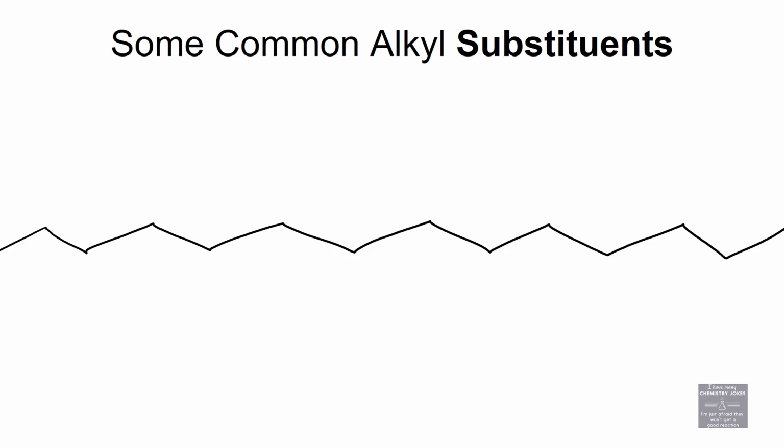If I draw a really long carbon chain, let's add a few groups to it. If I have 3 carbons all in a line, that's called a propyl group. It's sometimes called an N-propyl group, where the N stands for normal propyl. If I have 3 carbons, but they're not all in a line, they're connected in this fork-like way, that's isopropyl.